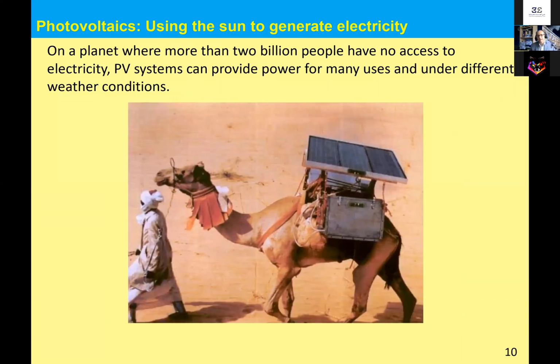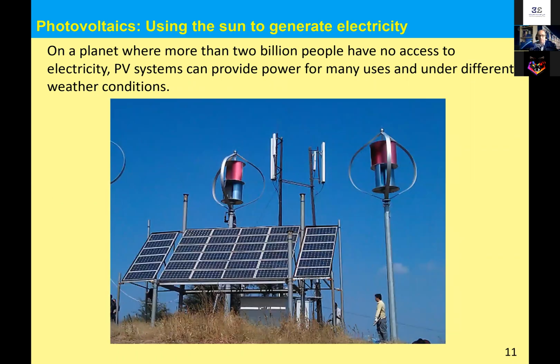This is a small PV system in the desert where it is necessary to cool water, for example, or to keep medicines at a desired temperature. This is a small PV system in a telecom system where we need to power the antennas used in telecommunication systems.